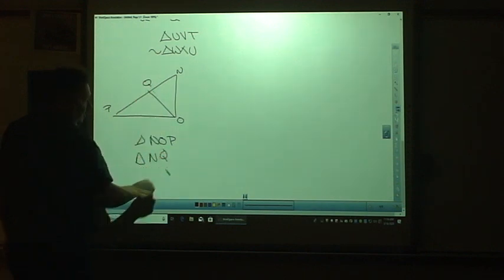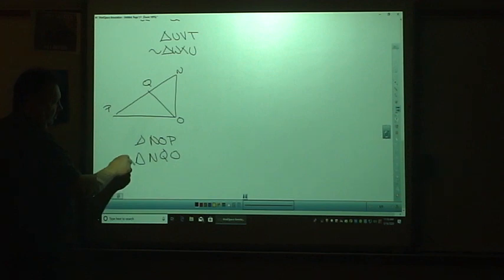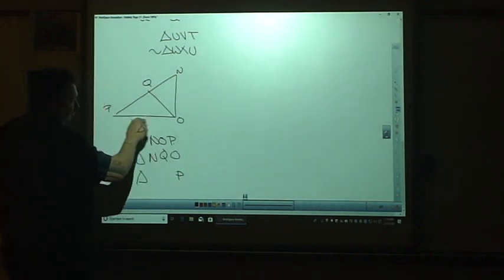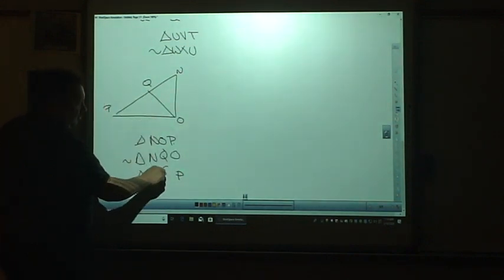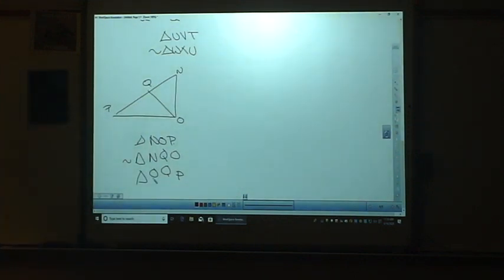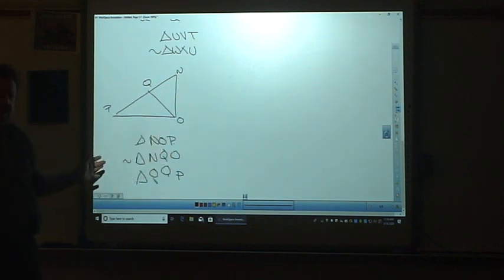Q is the right angle. O is the 3rd point, so we do the ones we know. Start with P corresponds to P, that's this triangle here. Right triangle is Q, and what's left over is O. This would be the corresponding parts. You can write it in different order as long as the parts correspond.